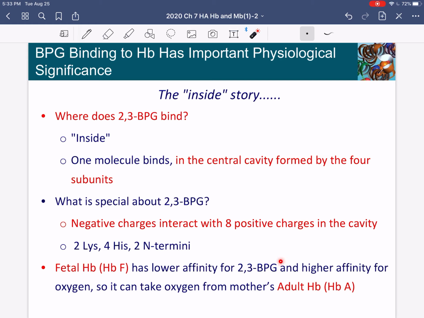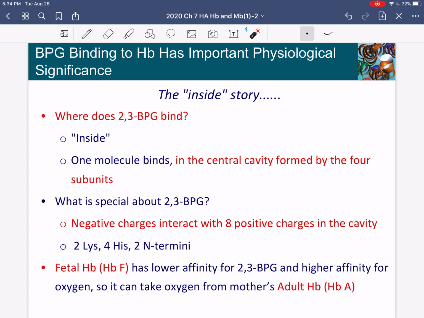See, the reason that we went around this cul-de-sac to fetal hemoglobin has to do with the allosteric effector 2,3-BPG. Fetal hemoglobin has a very low affinity. It's a tetramer, but it has different subunits. So fetal hemoglobin, or HbF, has the 2 alpha subunits, but instead of the beta subunits, it has gamma subunits.